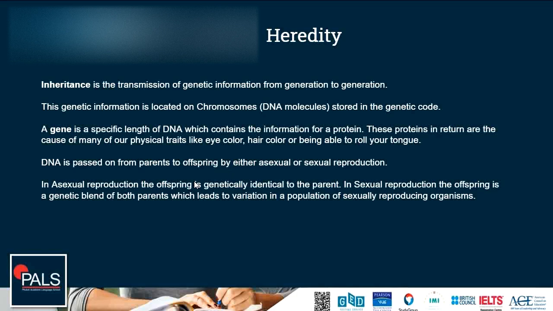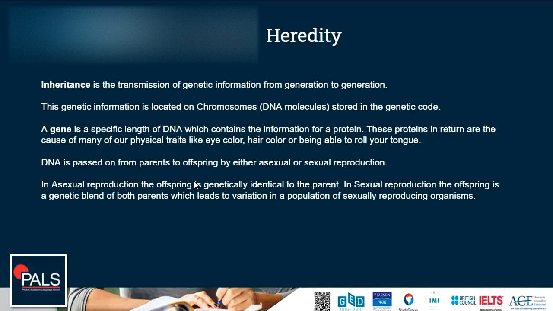DNA in general is passed on from parents to offspring by either asexual or sexual reproduction. In asexual reproduction, the offspring are genetically identical to the parent because it's one parent, one offspring. So the offspring will inherit the identical DNA from its one parent, whereas in sexual reproduction we have two parents, so the offspring receive a genetic blend, two equal parts of the genes or DNA from both parents.